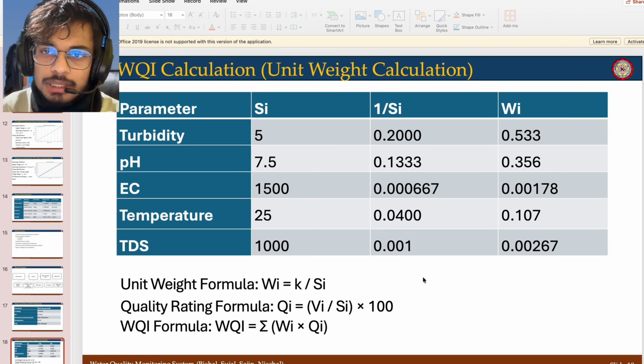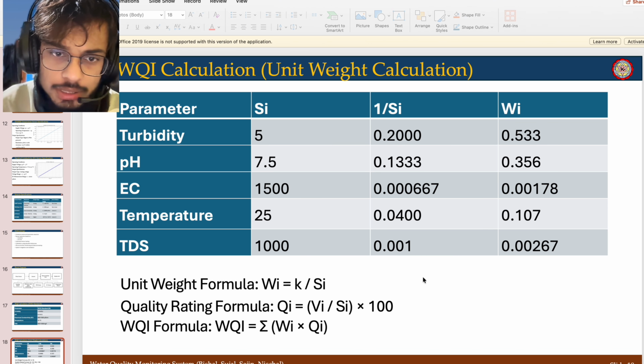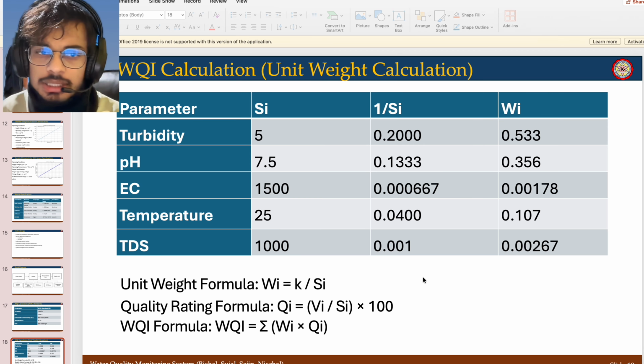K is calculated as 1 by the summation of 1 by SI.